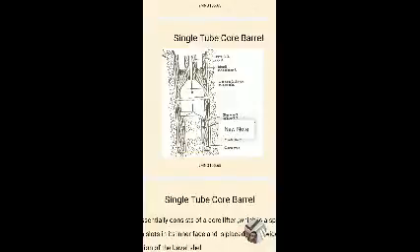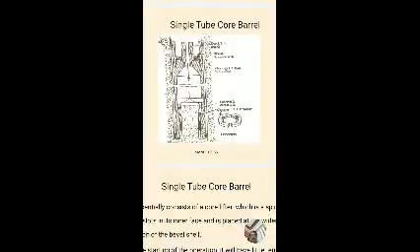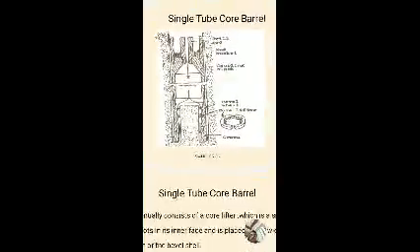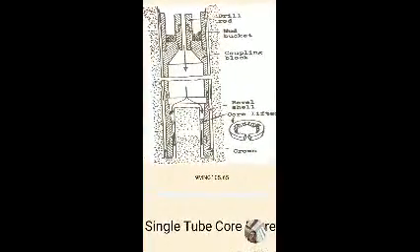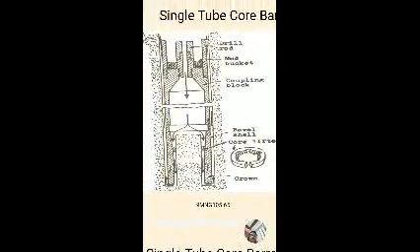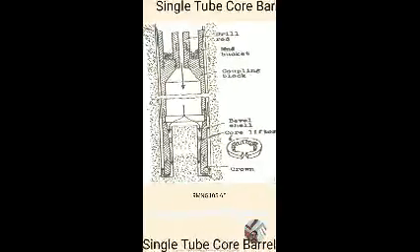In drawing, I hope you know what sectional elevations are. This is the core barrel. Here the hatched portion is the metal portion. It is better to revise, it is better to review the drawing class once again.